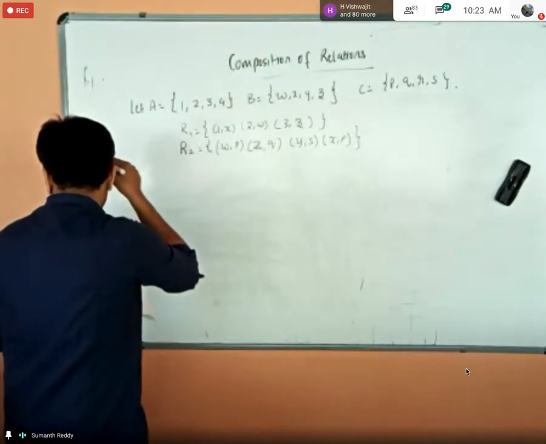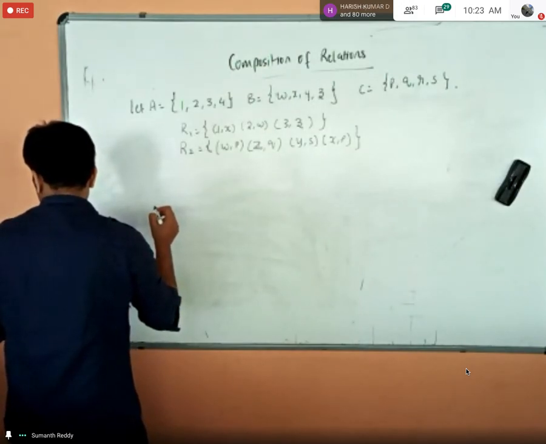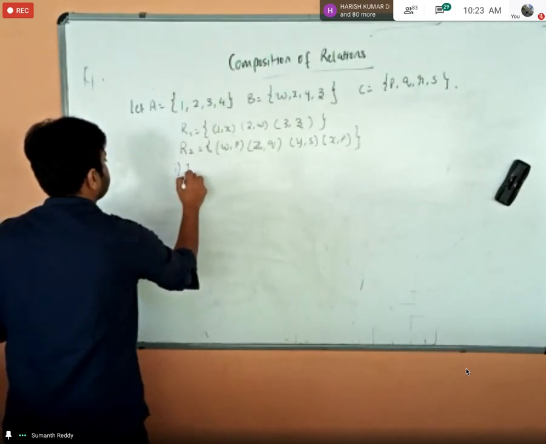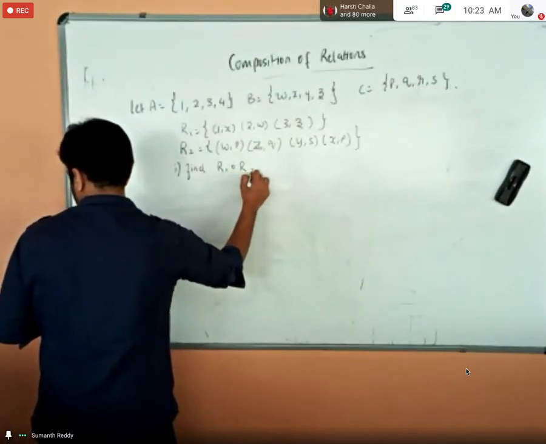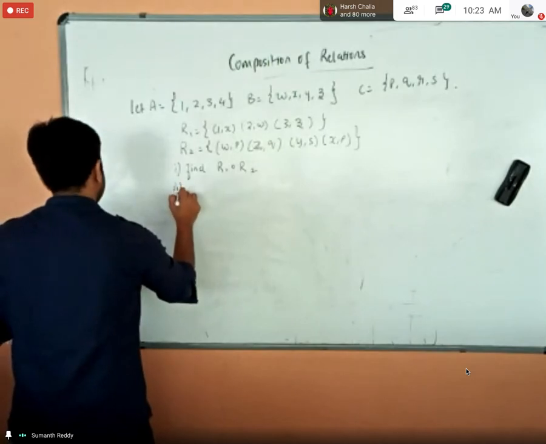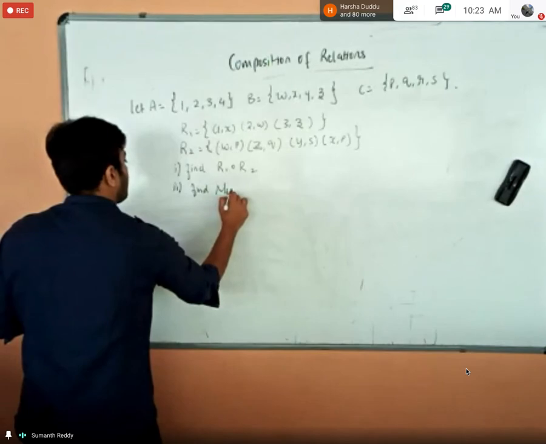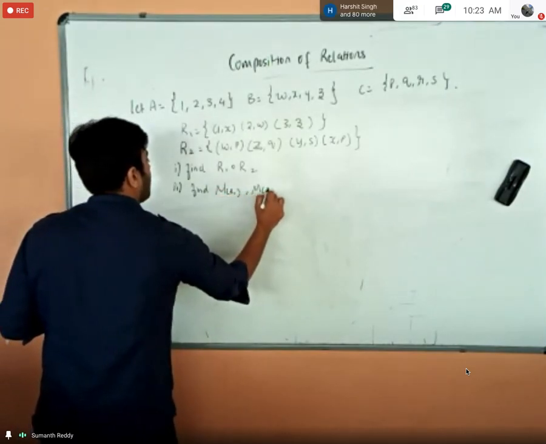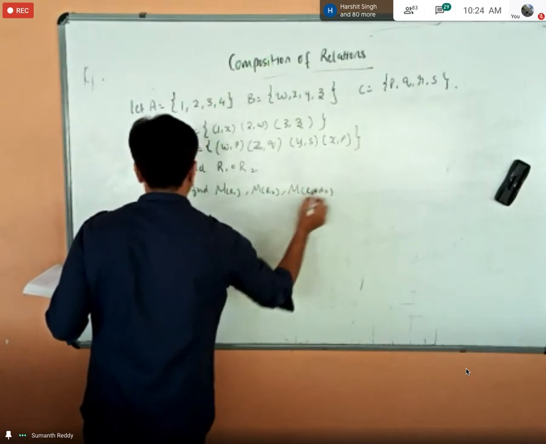R3 is not there, only R1 and R2. And he is asking you to find R1 composition of R2, that is the first question. Second sub question: find the matrix for R1, the matrix for R2, and the matrix for R1 composition of R2.